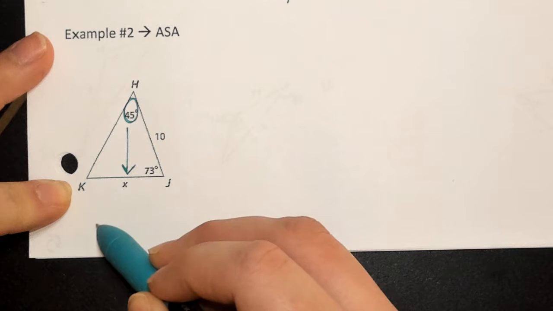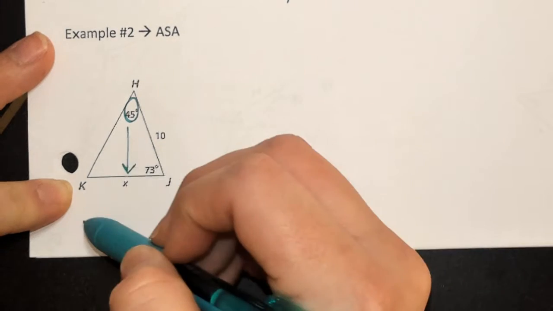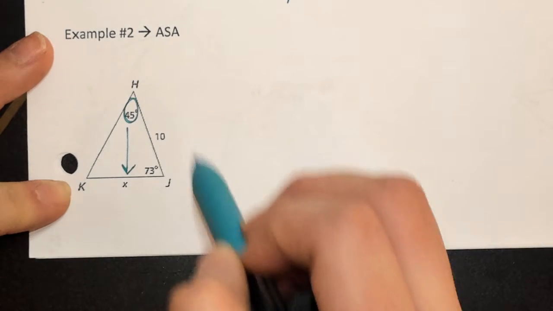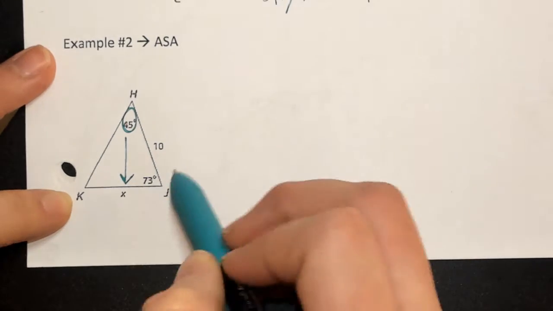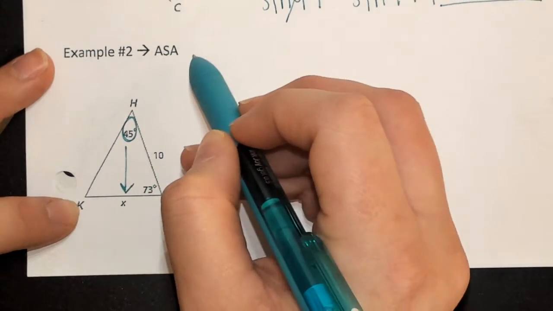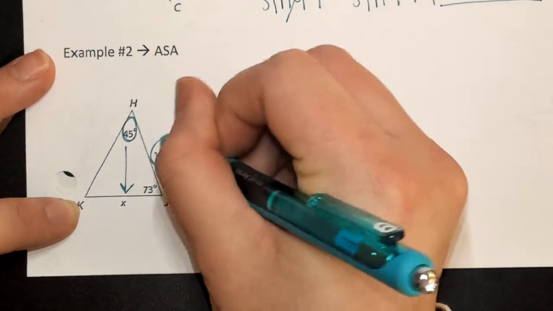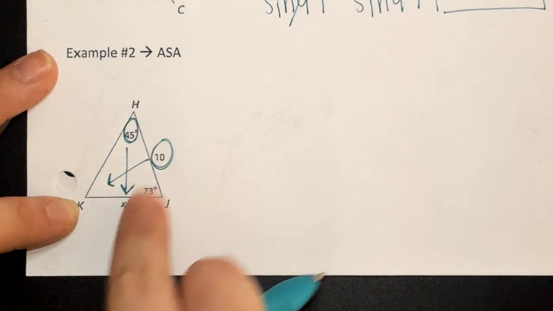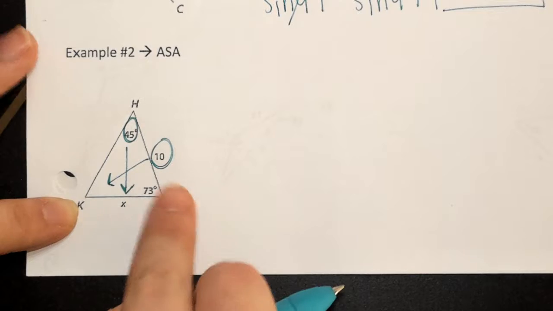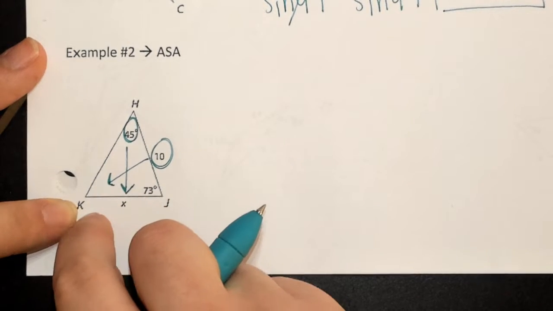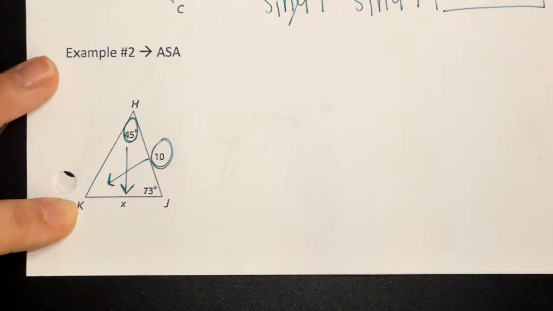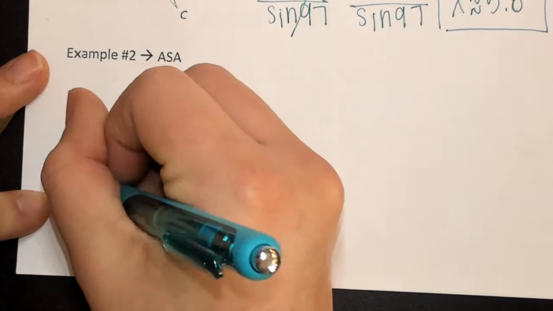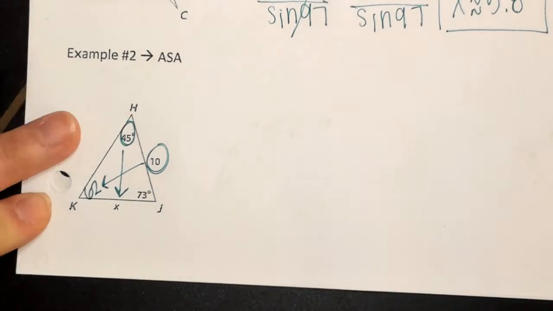Can I find k? Yes, it's 62. Because 180 minus 45 minus 73. So in the case that you have angle side angle, I need 10 to go with this angle. I can't just find this missing side. I'm not going to use 73 because I can't just find this missing side. So I need to find k, which is 62.